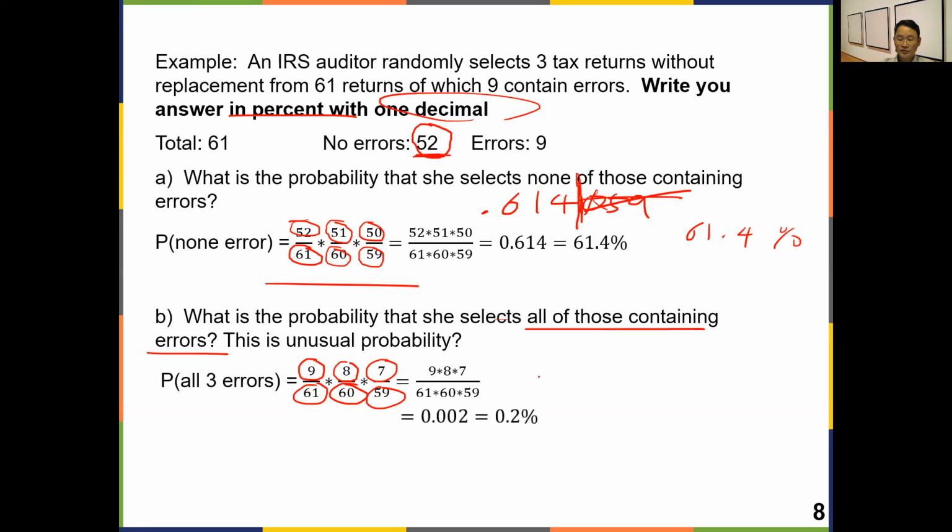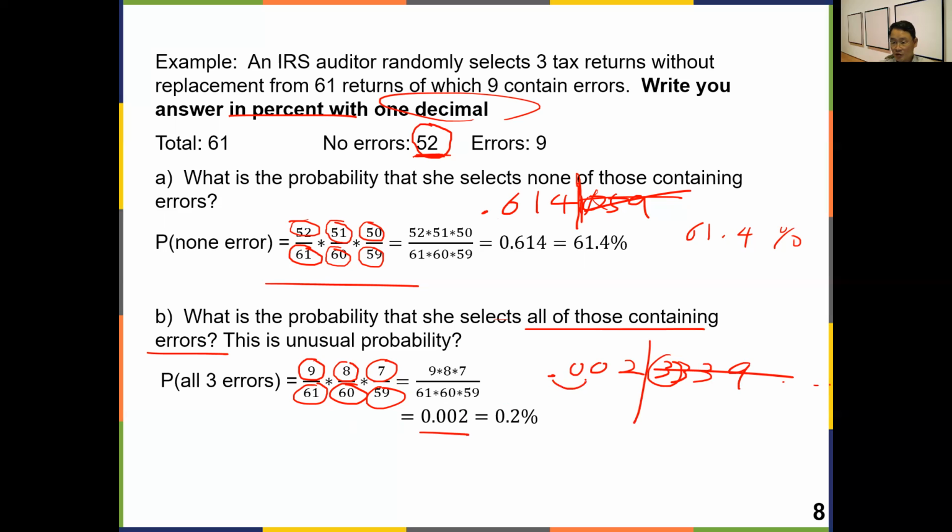So let me retry. 9 times 8 times 7 divided by 61 times 60 times 59. Okay, so my calculator gives me 0.0023339, whatever. So I'm putting it right here. That's less than 5, so I'm just going to drop it.